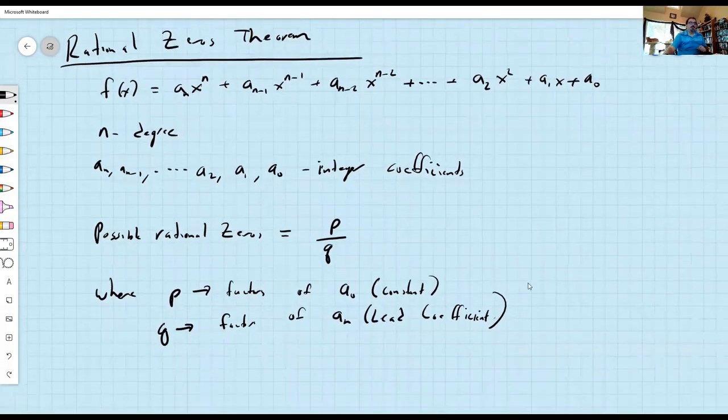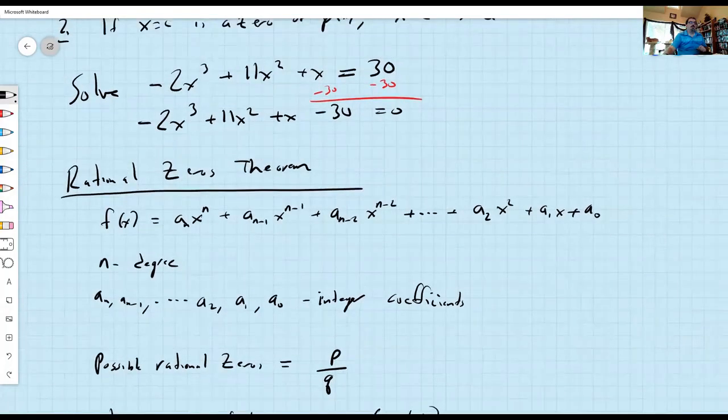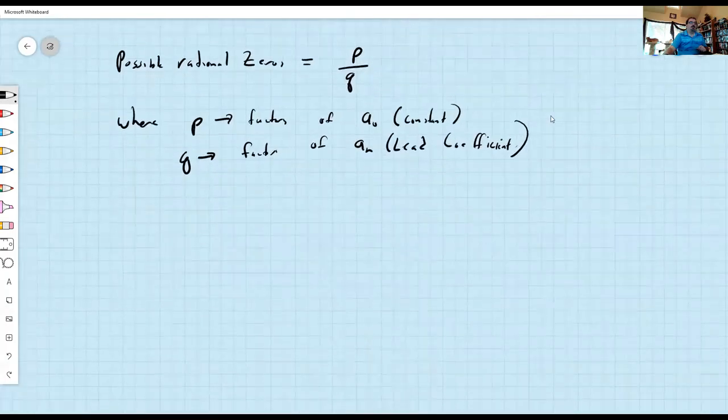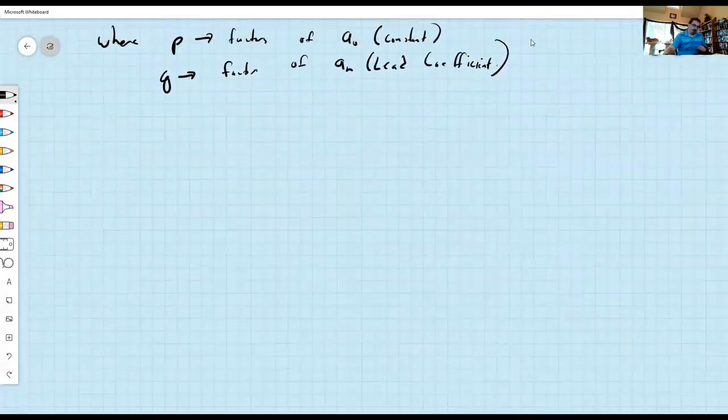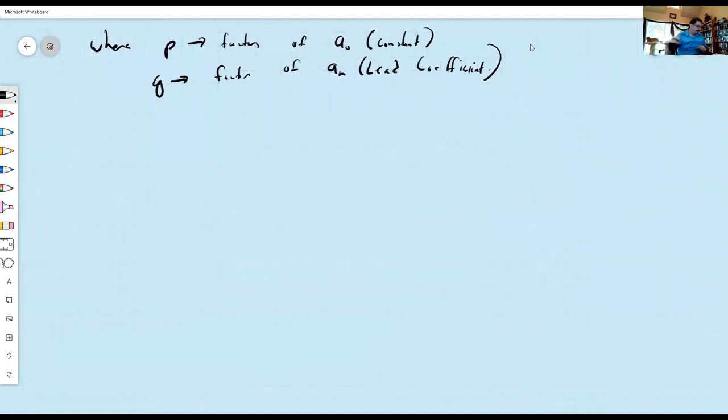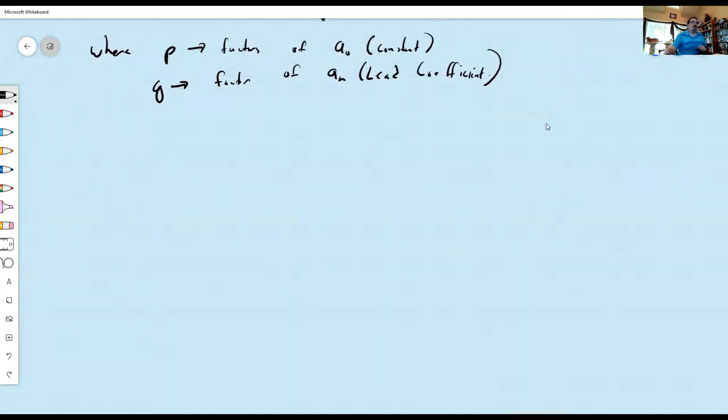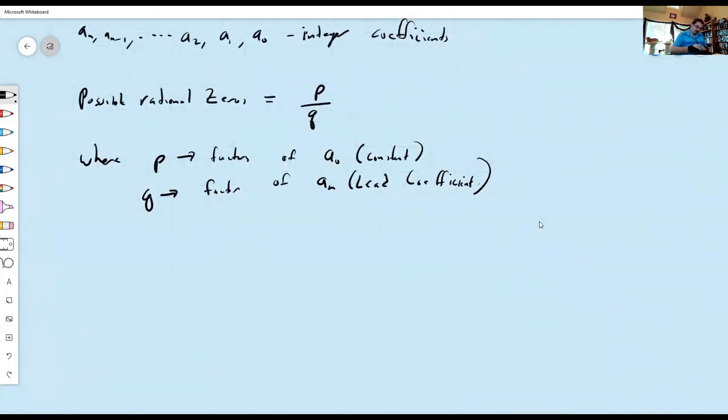So let's take a look at our problem. I'm just going to copy this problem down below. I will mention sometimes I refer to this right here as just P, R, Z. So if I say P, R, Z, I mean this P over Q situation.